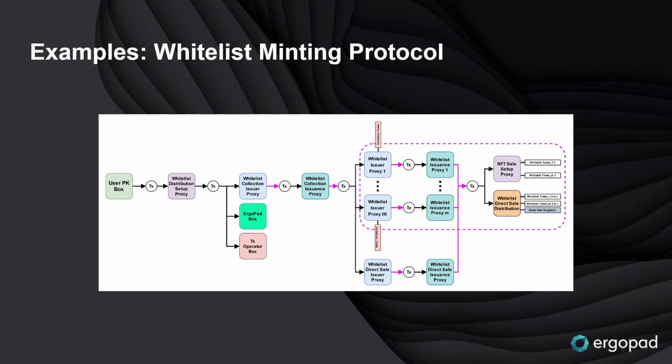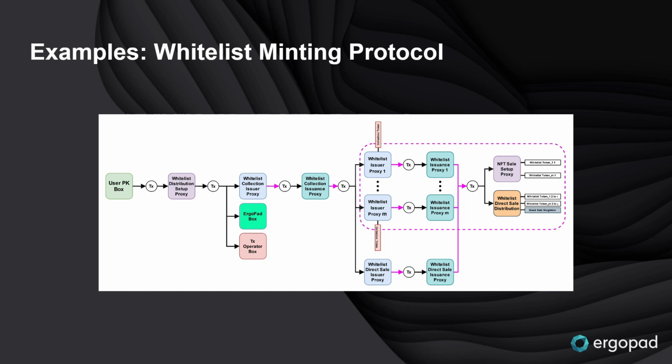The issuance box will contain the tokens whose ID is the ID of the first input box in the transaction.